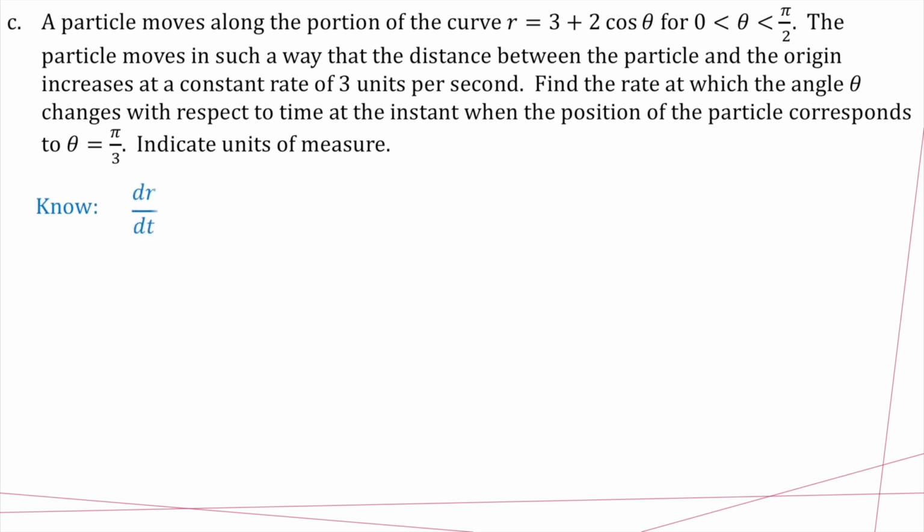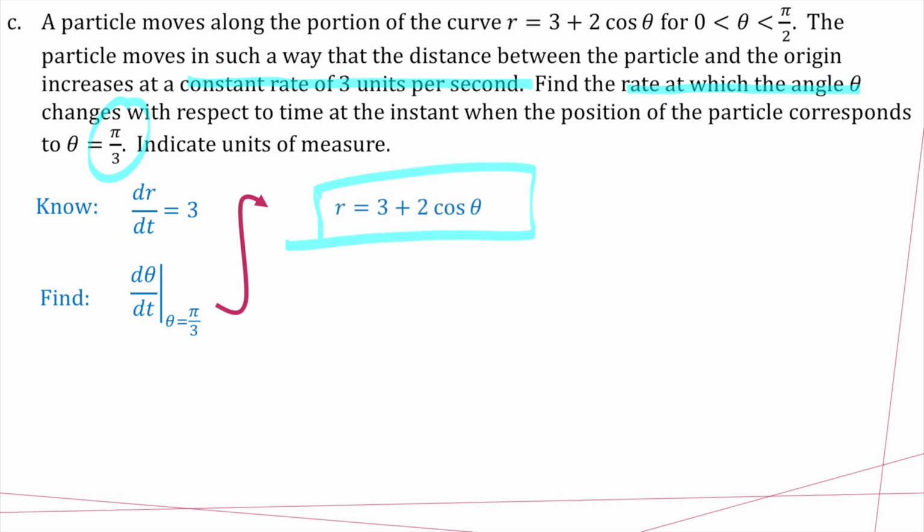Okay, so what do we know? We know from inside the problem, they told us that dr dt is 3. And what we want to find is d theta dt at pi over 3. We also know what r is. r is 3 plus 2 cosine theta.